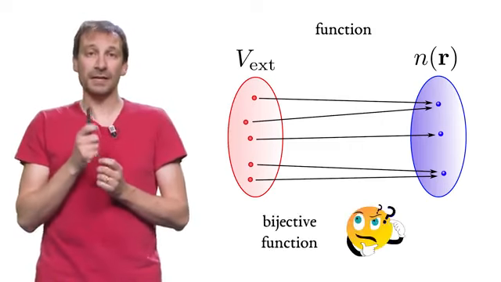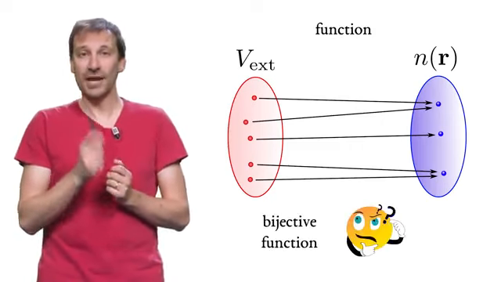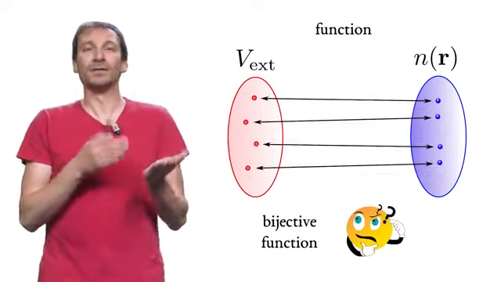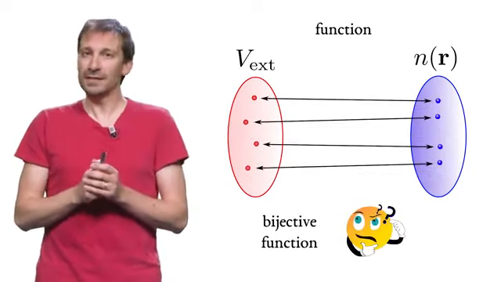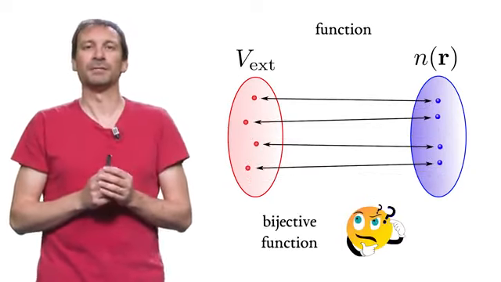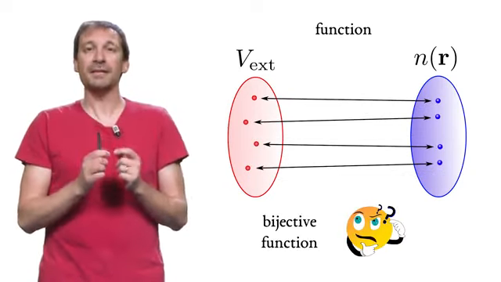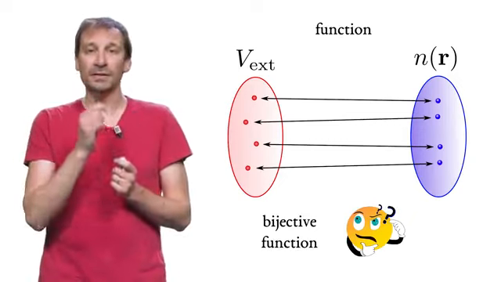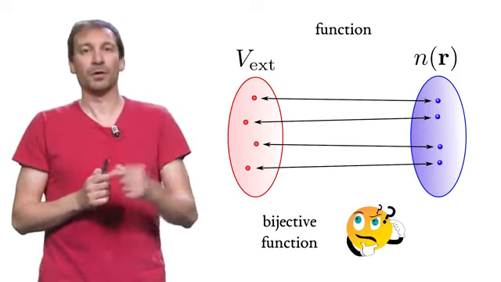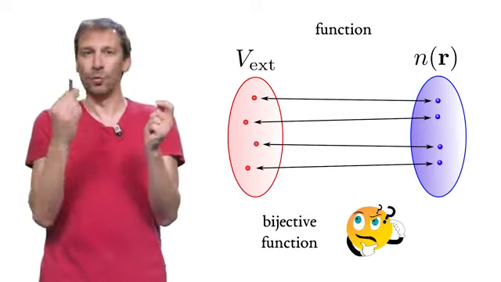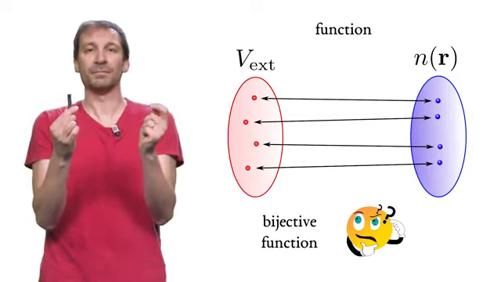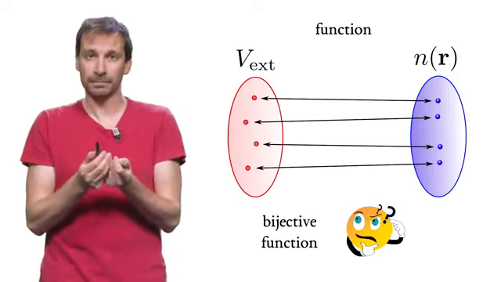And the big question is: is it also injective and then a one-to-one correspondence? This is a very important point. If this mapping were indeed bijective, it would mean that the density uniquely describes the system, because one density profile can lead to one and only one external potential, which identifies the system.